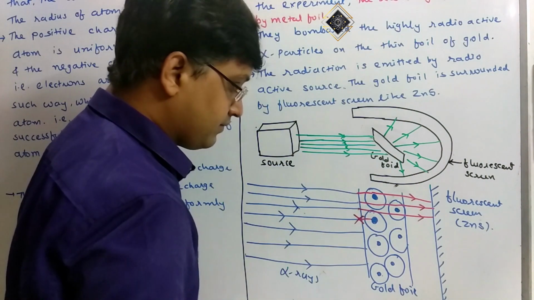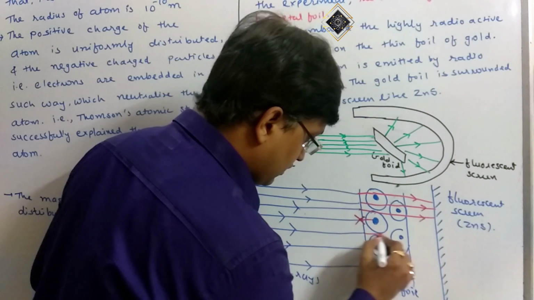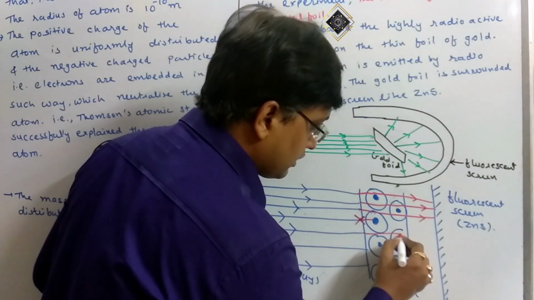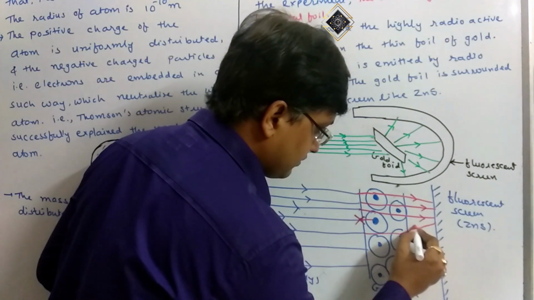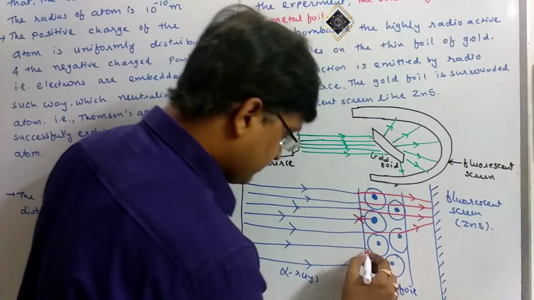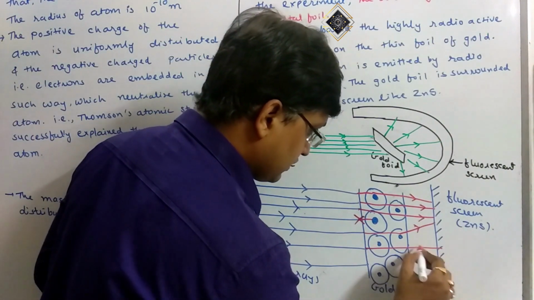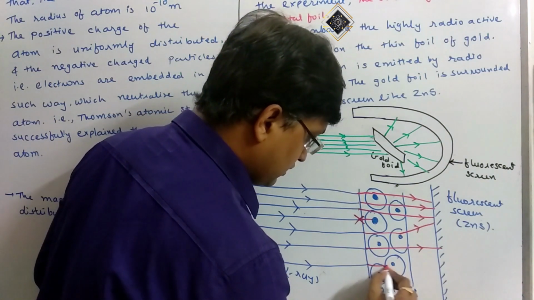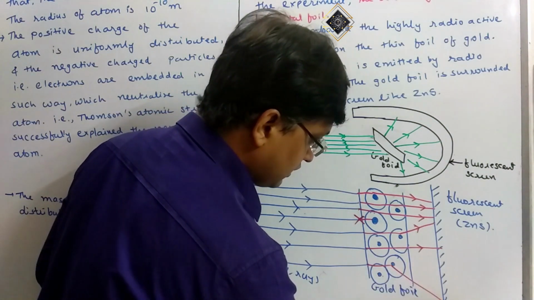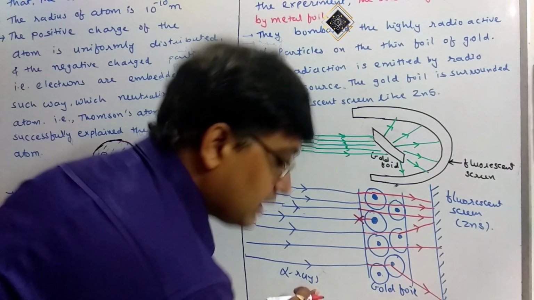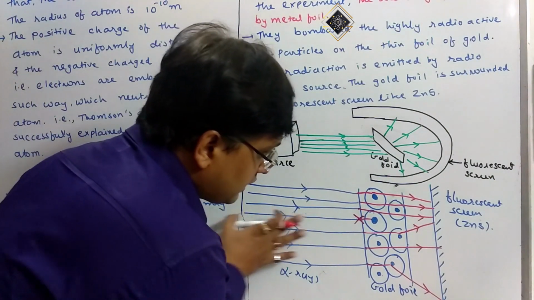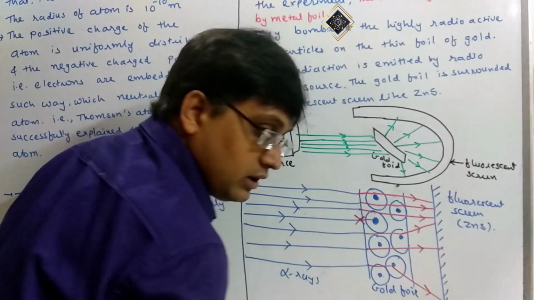It bounced back. This ray, due to the repulsion, is deflected. Here, rays are passed. Here also it shows deflection. You can see in this diagram, most of the rays pass through the gold foil.